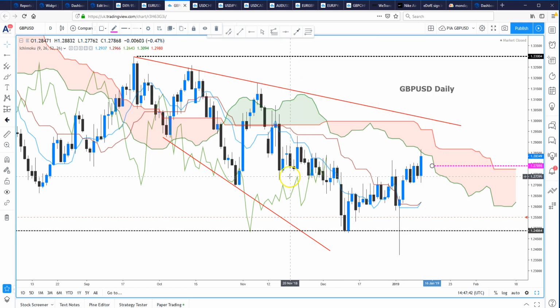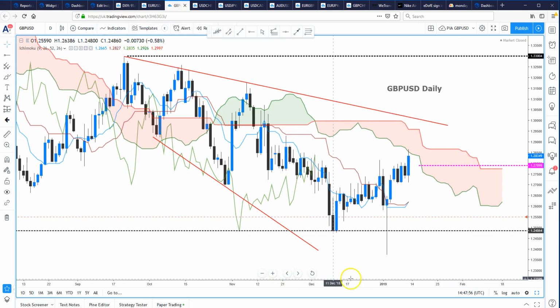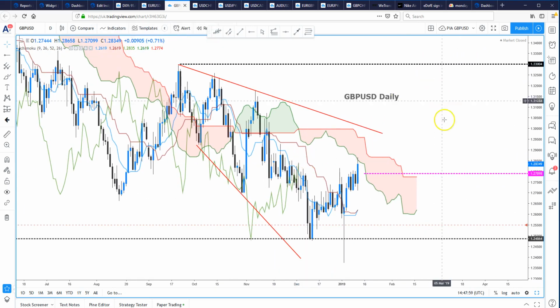So again, maybe this is going to show something similar to sterling dollar, euro dollar, in the fact that we might get a left shoulder here, a move up to the wedge target, and then potentially move lower again.